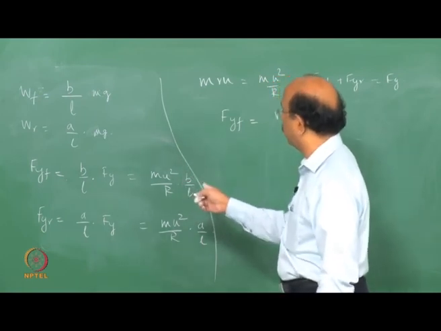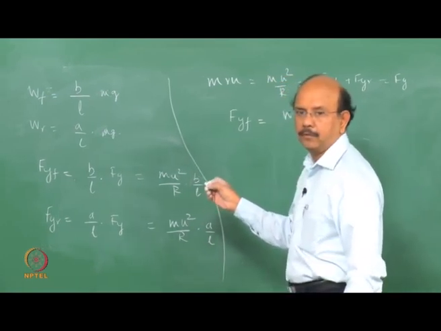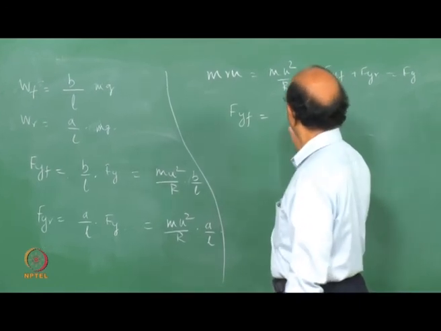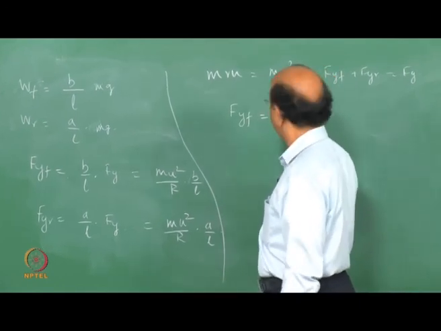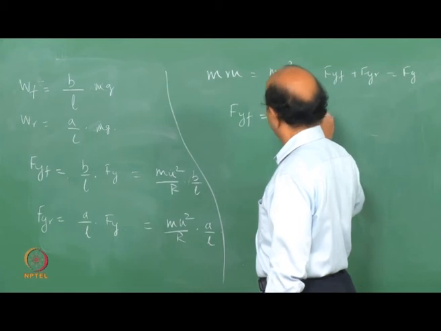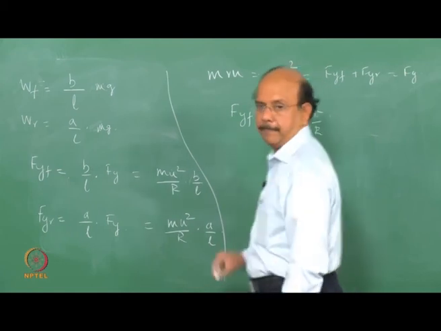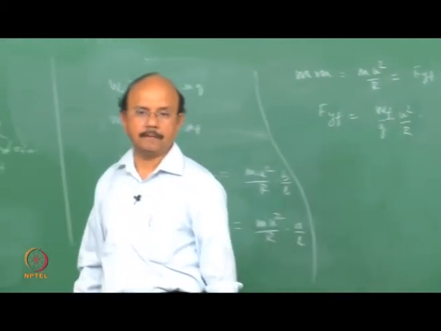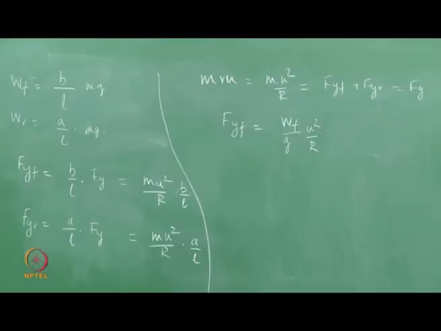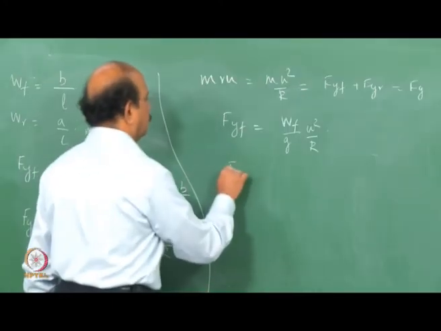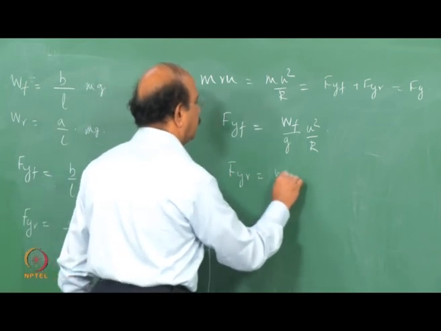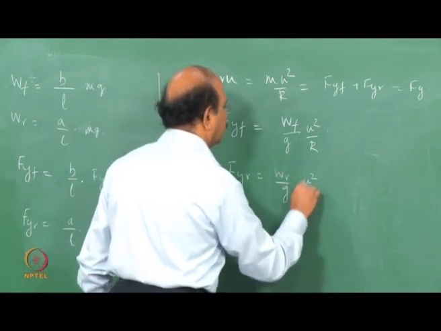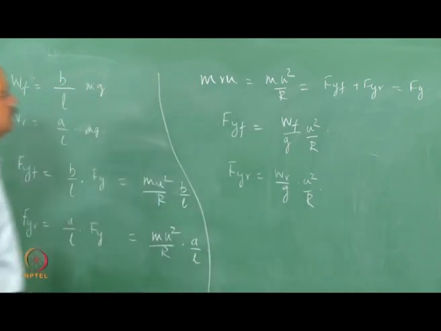It is m into b by L, so Fyf is equal to Wf by g into u squared by R, is that right? Same way, Fyr is equal to Wr by g into u squared by R.